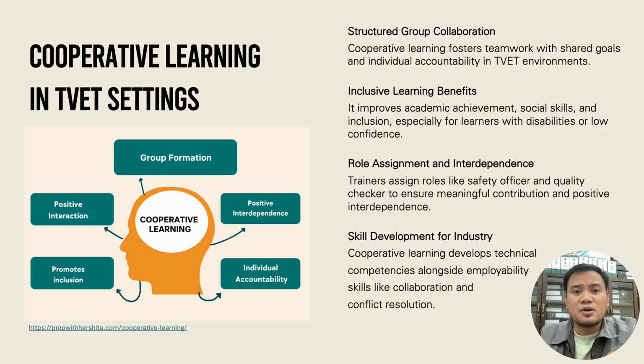For instance, roles such as safety officer, materials manager, or quality checker allow learners with different strengths to participate effectively. By learning together, trainees develop not only technical competence but also collaboration and conflict resolution. Cooperative learning supports both inclusion and industry relevance in TVET programs.